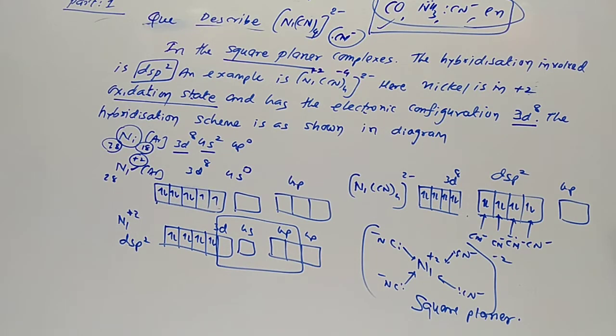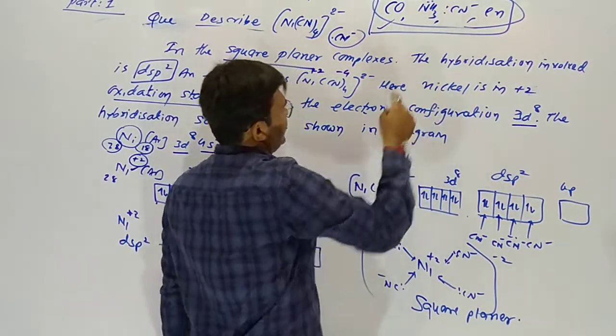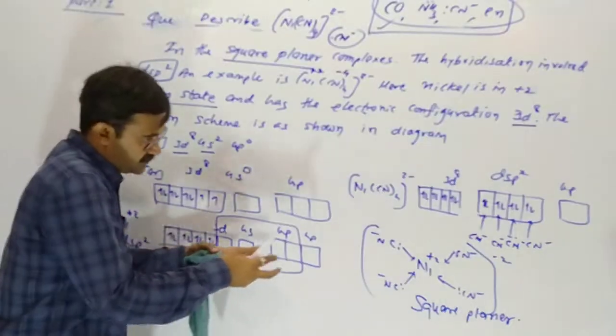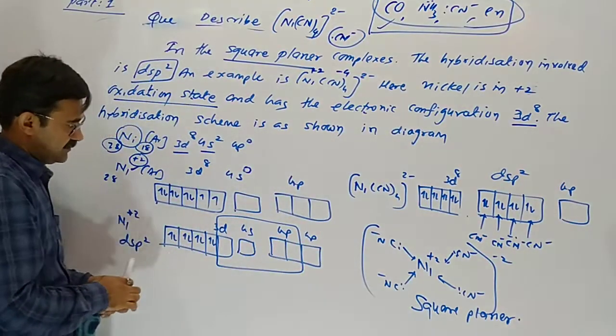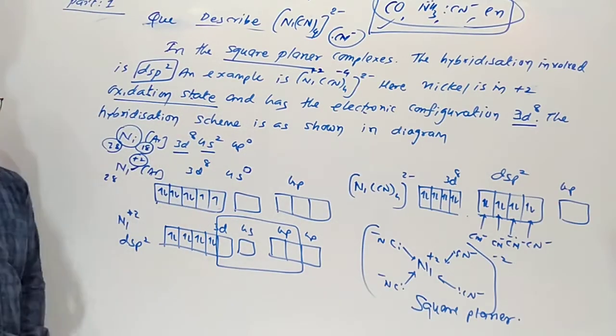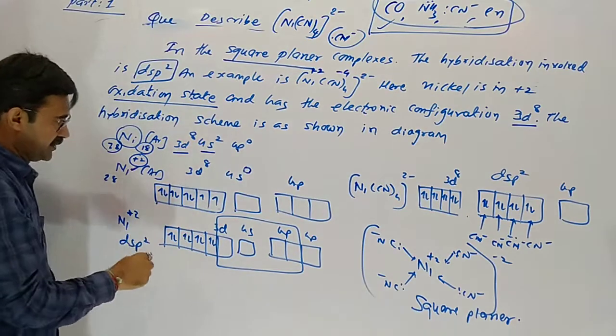Now our cyanido is a strong ligand; it comes in our list of strong ligands. So it is capable of rearranging electrons in the metal, that is, capable of pairing the unpaired electrons. If any one of these four is cyanide, it is capable.